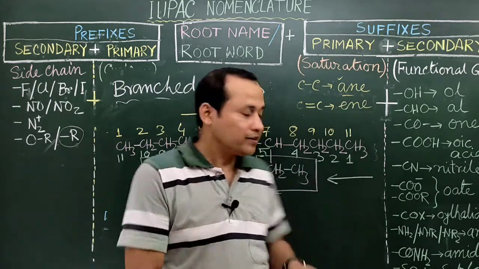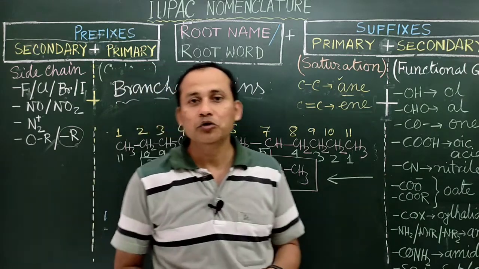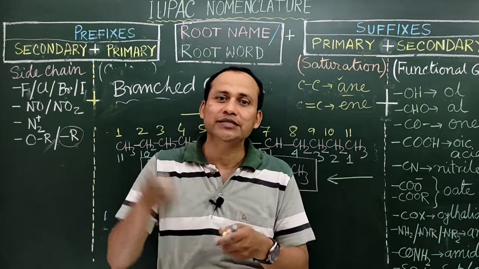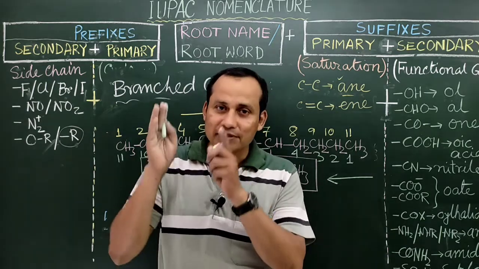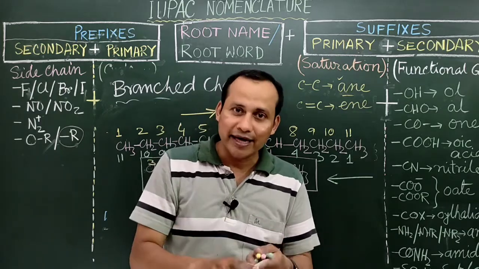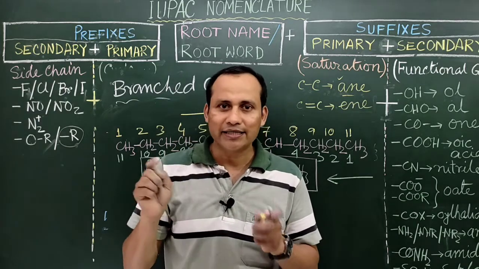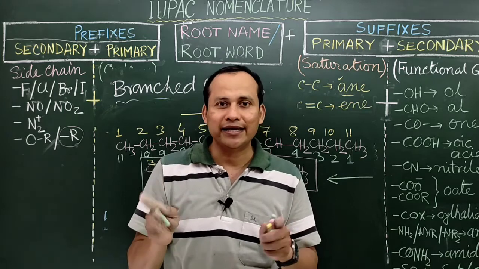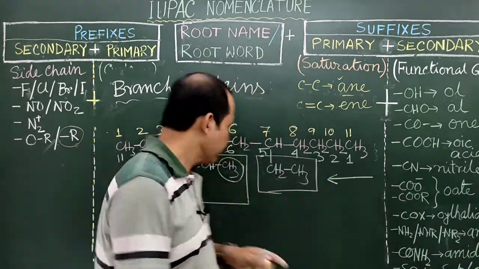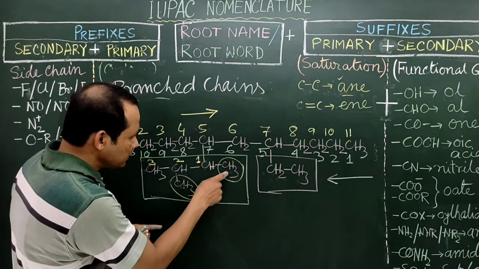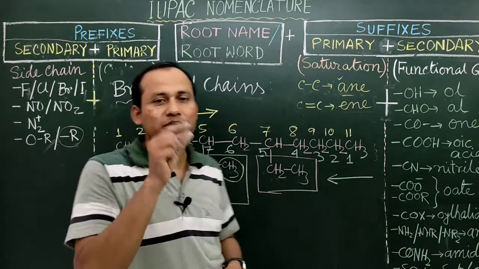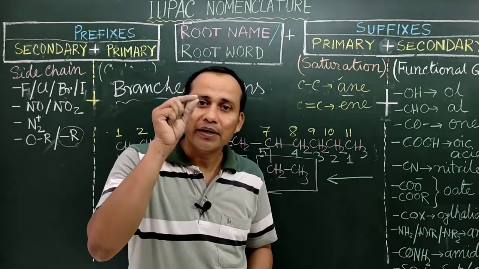But if this type of complex groups are there, and a complex substituent is to be considered as substituent, and we have to decide depending on that, then this di, tri, etc., are to be taken as the starting letter of the whole group. So if this group is dimethyl, then the name of this group is to be considered from di.